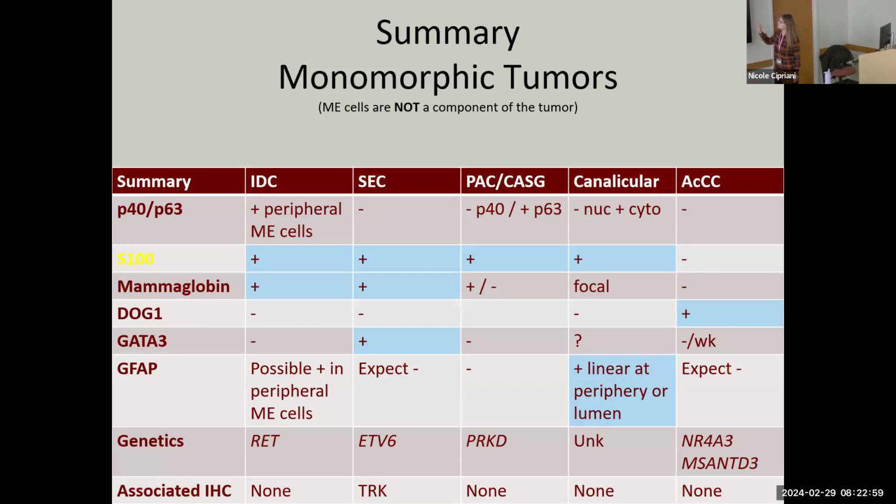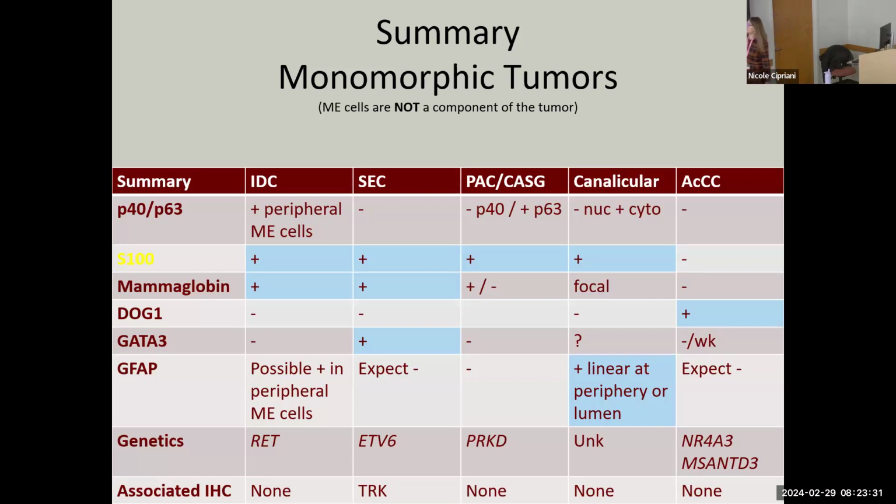All of these should uniformly be negative for P40, except for the peripheral myoepithelial cells and intraductal. Polymorphous is thought to sometimes aberrantly express P63, which is why we don't really use P63. We always use P40 for salivary for that reason. Acinic sometimes has membranous expression of DOG1, like we use in GIST, so that can sometimes be helpful.